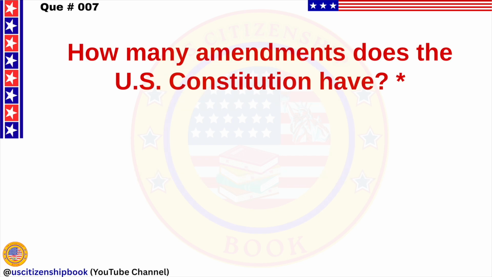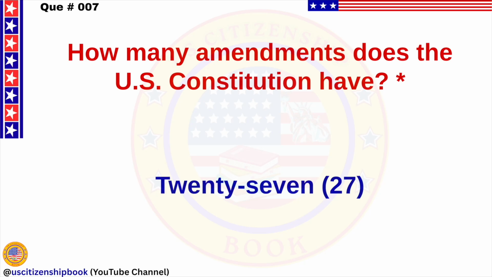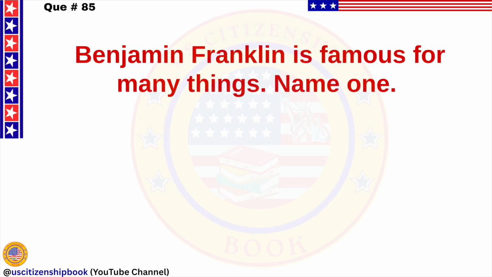How many amendments does the U.S. Constitution have? 27. Benjamin Franklin is famous for many things. Name one. U.S. diplomat.